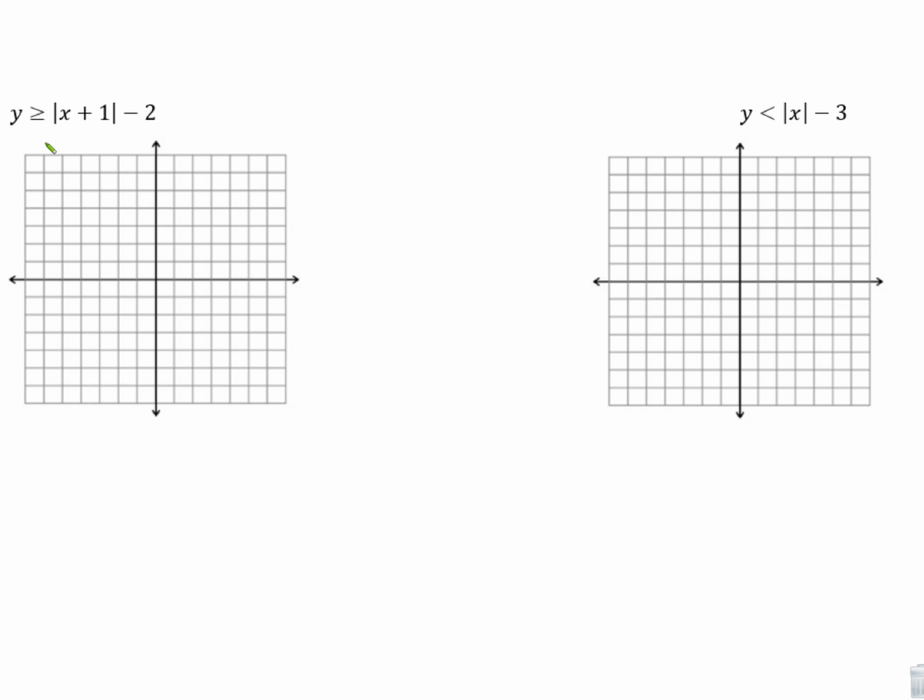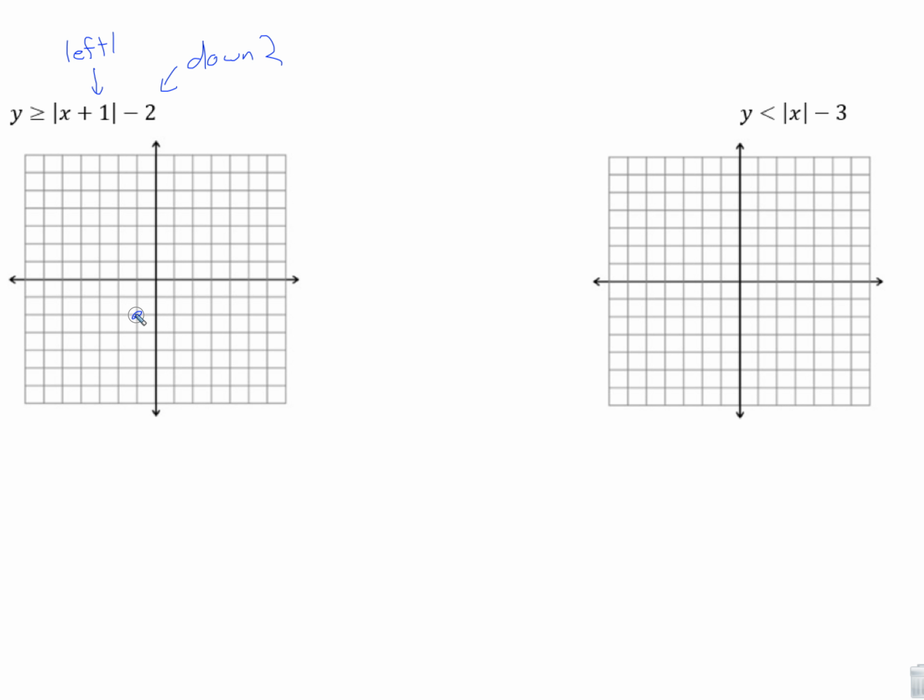Moving on, we have a couple absolute value inequalities. As we look at this, from when we graphed absolute value functions, we know it's a V shape. We know that this 1 moves it left 1 because it does the opposite of what's in here. It's whatever makes the inside 0, so a negative 1 would make it 0. And this is down 2. We normally have a V shape where the vertex is at the origin, but it's going to be moved left 1 and down 2.